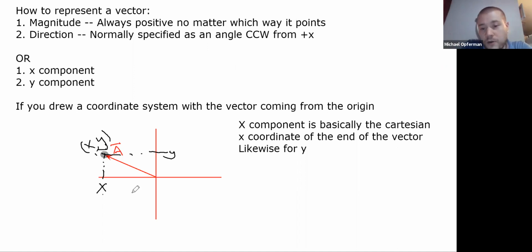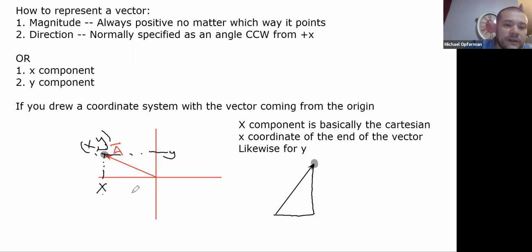So let me draw that out. Go 3 blocks east, then go 4 blocks north, and it will get you to a certain point. If you draw the vector from where you started to where you ended up, that would correspond to a certain vector. So you can see how moving in the x direction and moving in the y direction specifies a certain point, and drawing an arrow to that point specifies a certain vector.